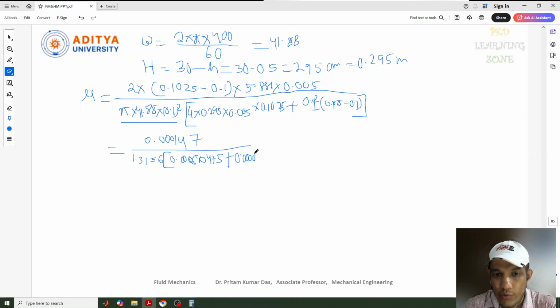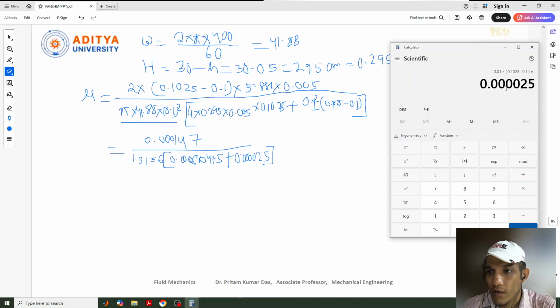Now here we'll do plus the value, and close the bracket. That gives 0.00060475 plus the small term, then multiply with 1.3156.